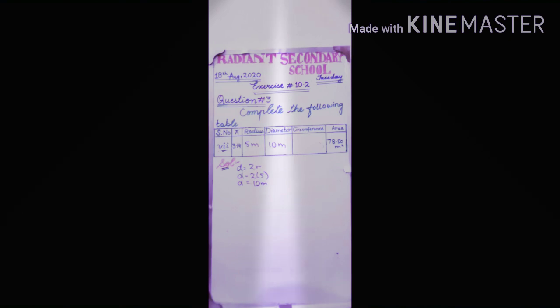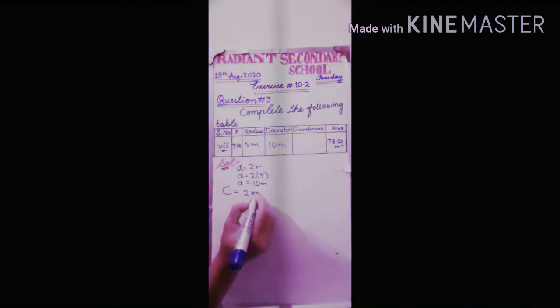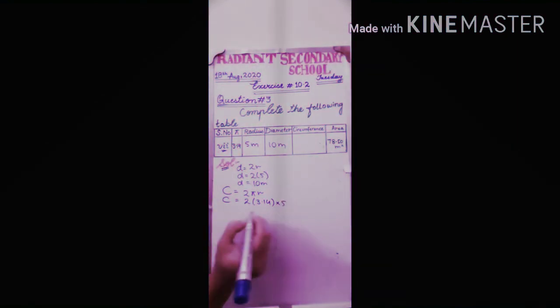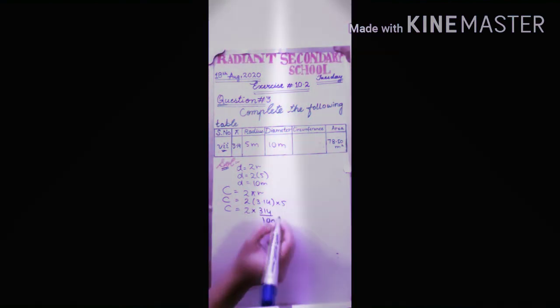Come on, circumference. For finding circumference, we have to write the formula. C equals 2 pi r. C equals 2 multiplied by 3.14 multiplied by 5. Remove this decimal, it will become 314 divided by 100 multiplied by 5. Okay.